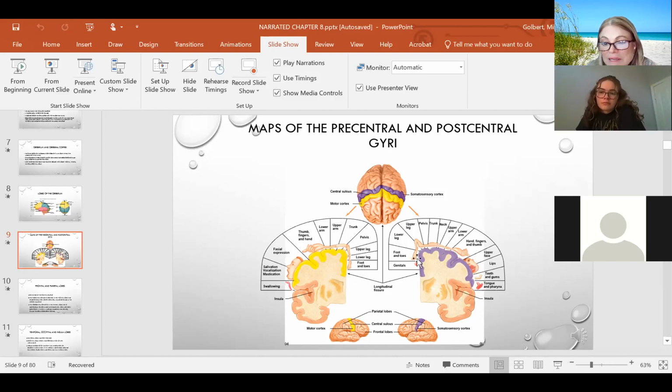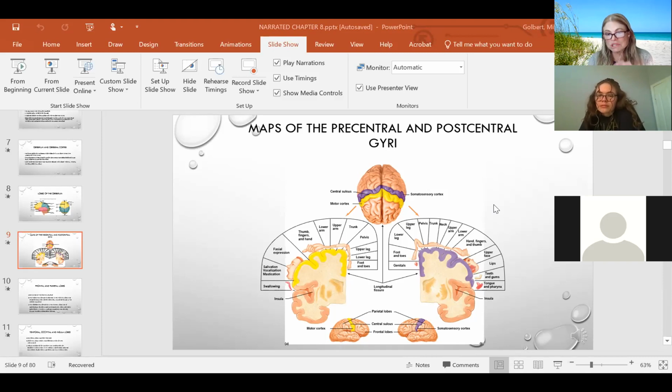And when we relate it to the motor, to the sensory, sorry, it's the same thing, right? On the most lateral, we have the tongue and the pharynx that are related to swallowing. And if you keep going all the way to the midline, we pretty much have the same arrangement of this little man or the homunculus.